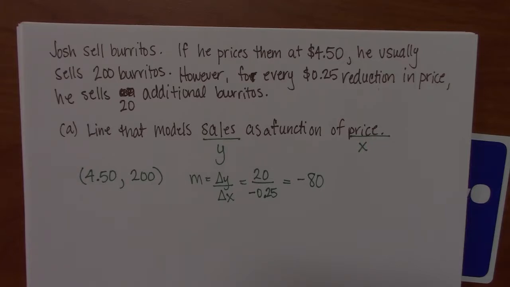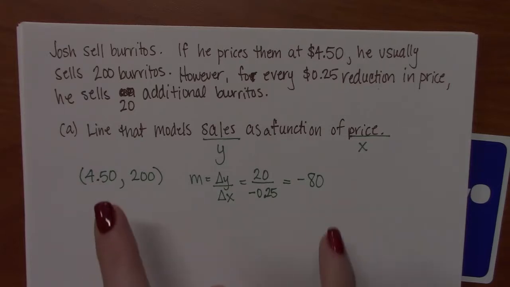Then in that case, we would have given you two data points, and you would have had to calculate the slope from the two data points rather than us describing the slope in words in the problem. So that would have been another way I could have adjusted it. And if we had done that, you would have still gotten a negative 80 out as your slope. Or sorry, I should have said for every $4, that would have been a reduction. He would sell 240 burritos, because that would be a drop of 50 cents, and then he would sell 40 additional burritos.